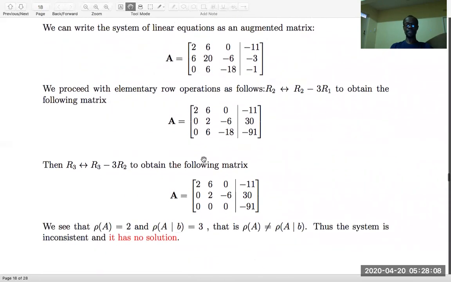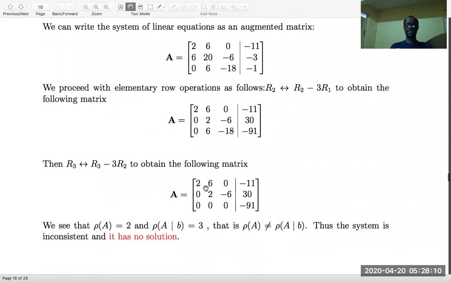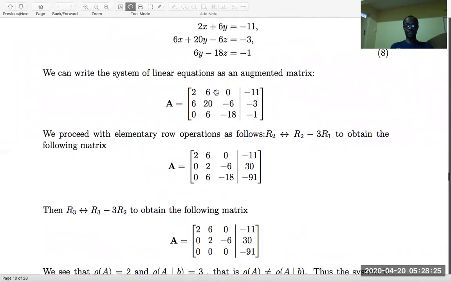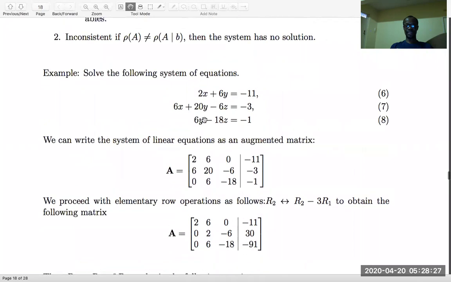By performing all the row operations, you see the number of non-zero rows. This row is non-zero because there are numbers.